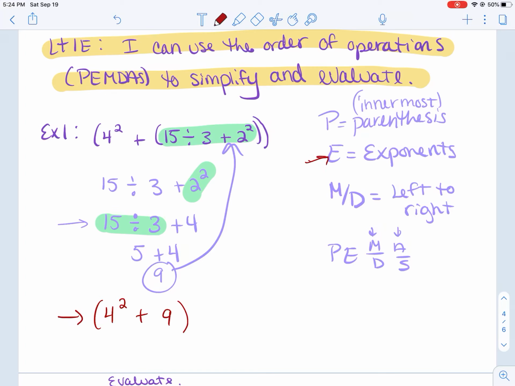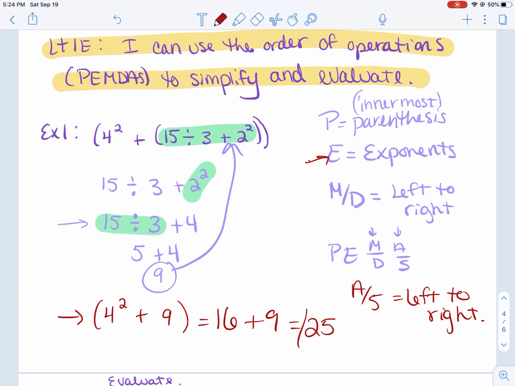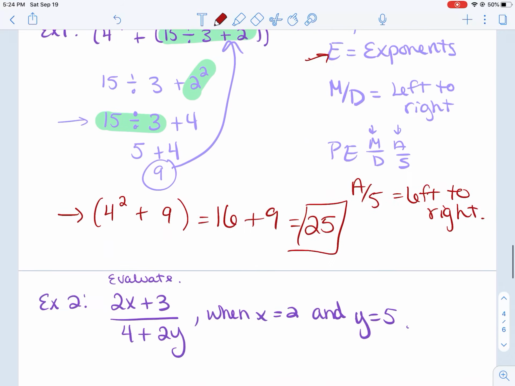Again, we'll follow the rules, so exponents next. So 4 squared would be 16, and then add and subtract left to right is the last piece. Well, 16 plus 9 is going to give me 25. So the whole answer comes out to be 25.